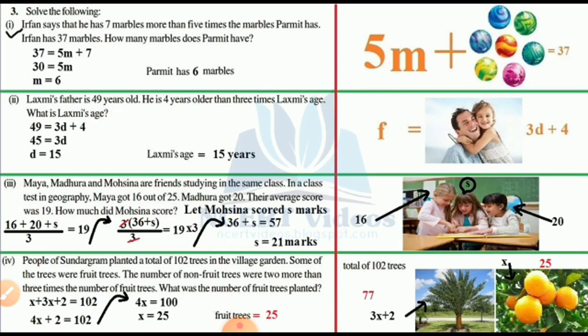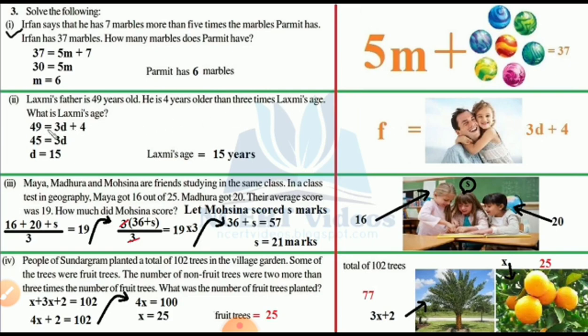Second one. Lakshmi's father is 49 years old. He is 4 years older than 3 times Lakshmi's age. What is Lakshmi's age? Yes, my dear student, read the question carefully. Lakshmi's father is 49 years old.